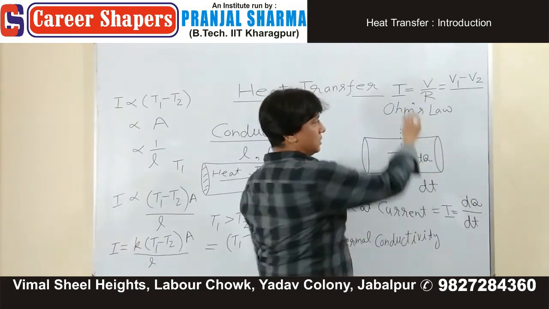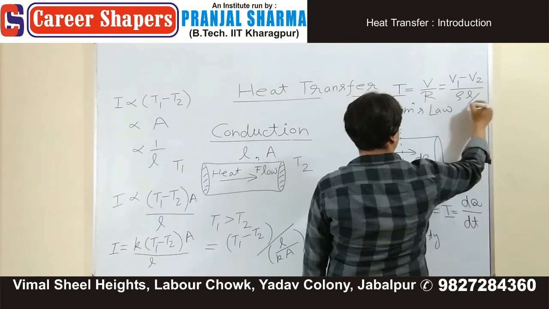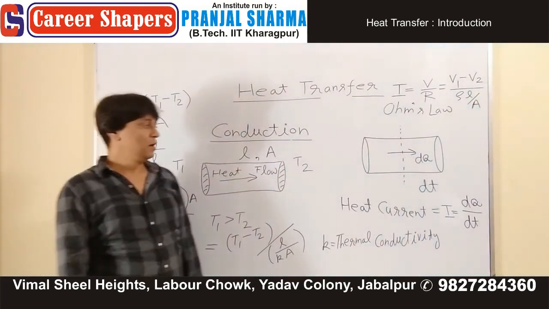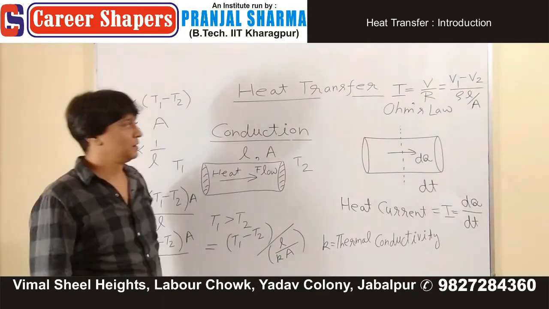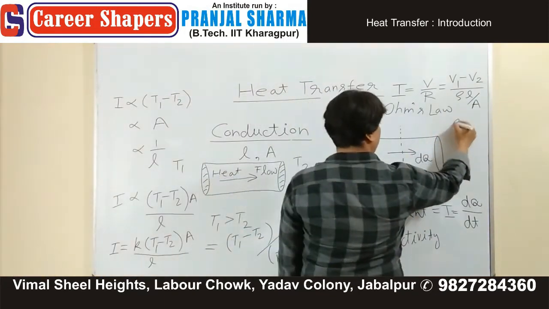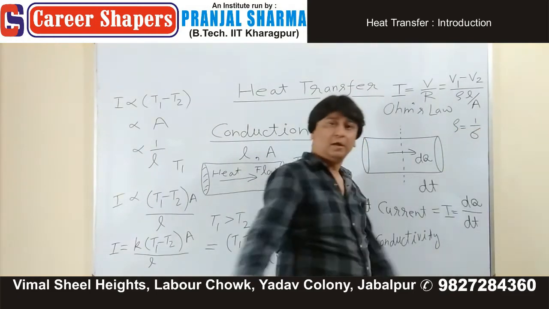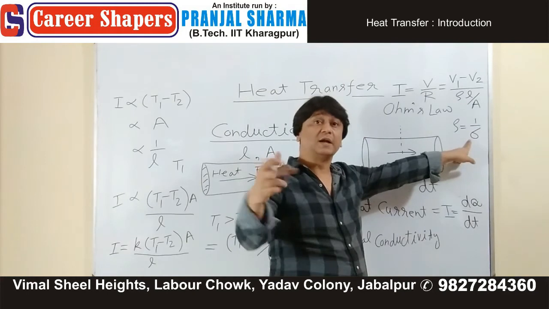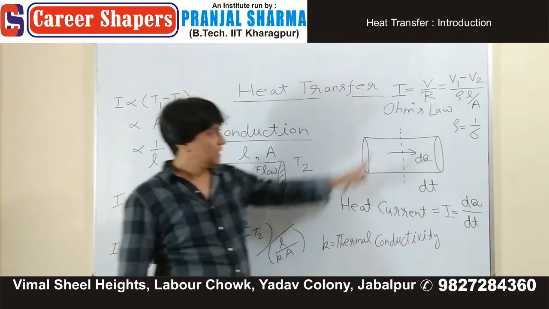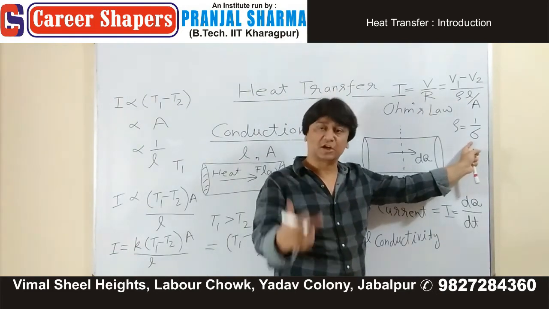And if you have an idea of this R, then this was rho L upon A, where rho was called resistivity, which is 1 upon sigma. Sigma is called conductivity.